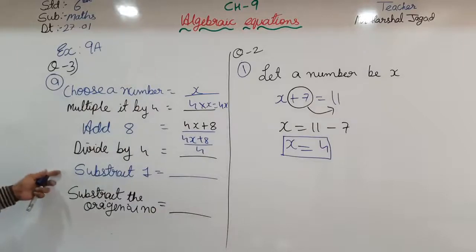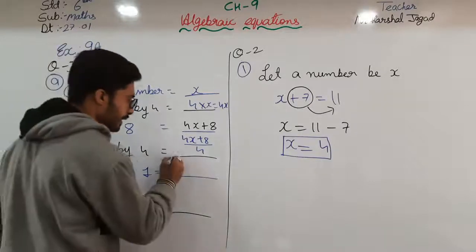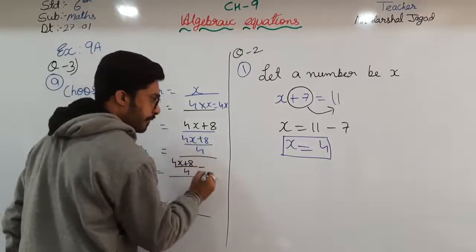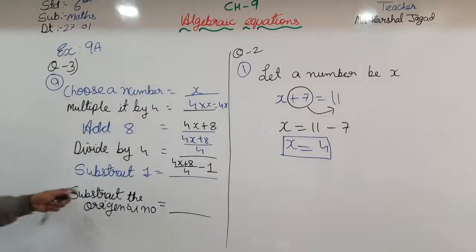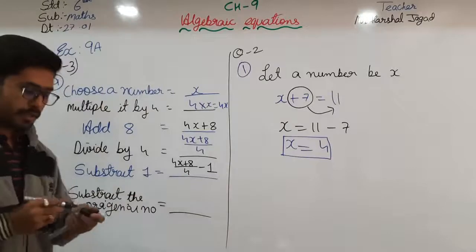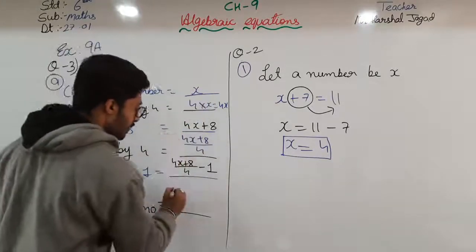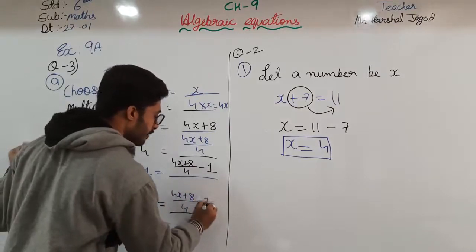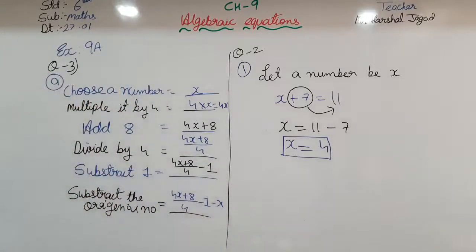Then subtract 1, so 4x plus 8 by 4, subtract 1. Then subtract the original number, that is x. 4x plus 8 upon 4 minus 1 minus x, that we have done.